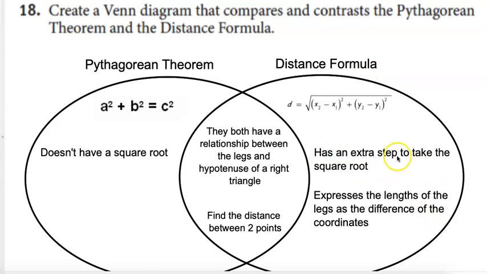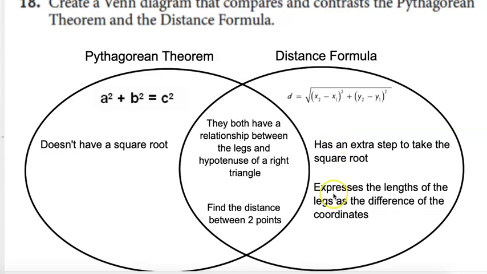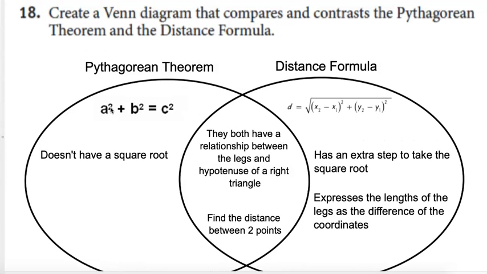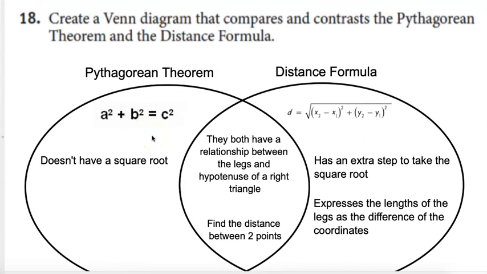The distance formula, I said it has an extra step of taking the square root, so that it's actually in the formula where it wasn't over here. And then I said the distance formula expresses the lengths of the legs as the difference of the coordinates, hence they're subtracting the coordinates, and that's not represented over here in the Pythagorean theorem. Okay, so you could have had a lot of different answers over here. Here's just an example one.